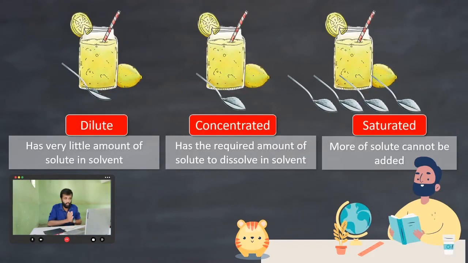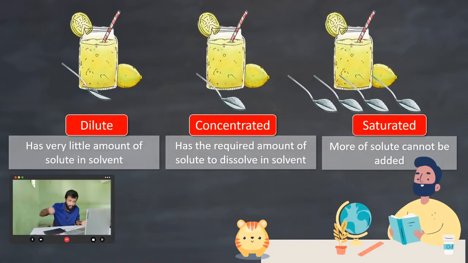That's when you are able to understand what we mean by a dilute solution, concentrated solution, and saturated solution. So in a dilute solution, it has a little amount of solute in the solvent. In concentrated, you have the required amount of solute dissolved in that solvent, and in saturated, you have more solute, and it cannot be added more than that.